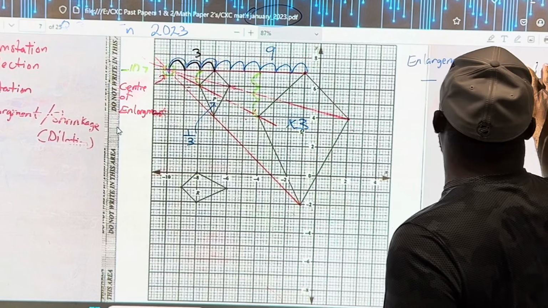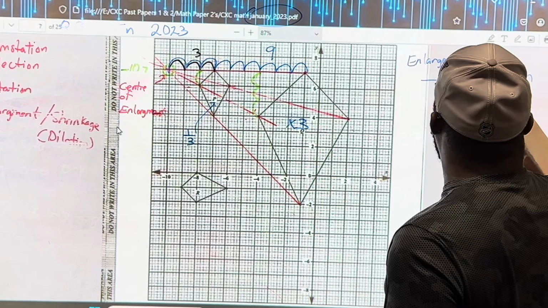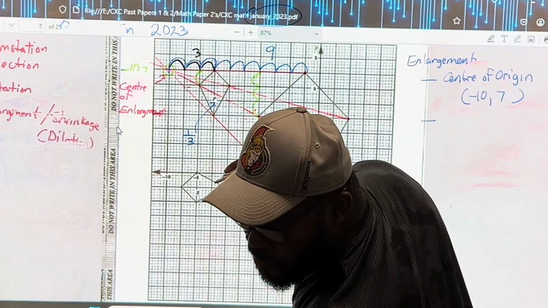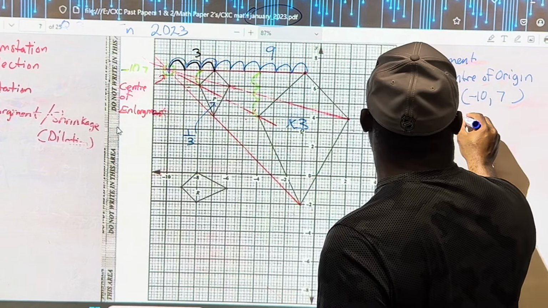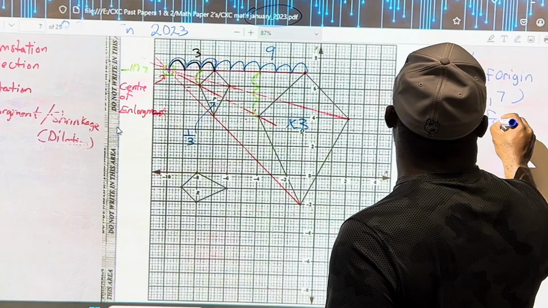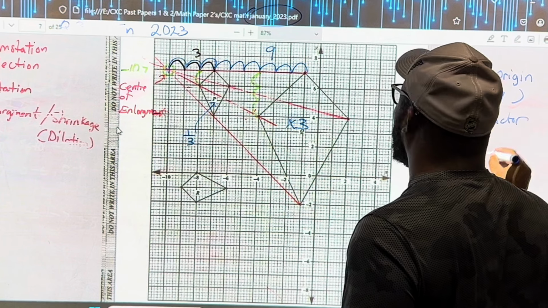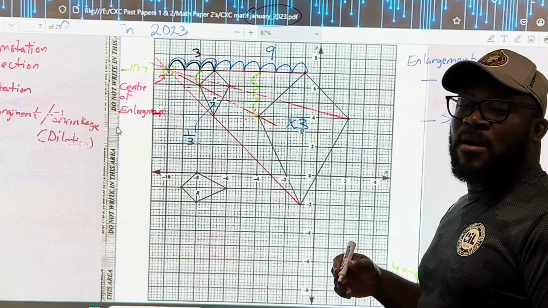What's the center of origin? Negative 10, 7. And then you need to know the scale factor. That's the word I was looking for there. Scale factor. What's the scale factor?